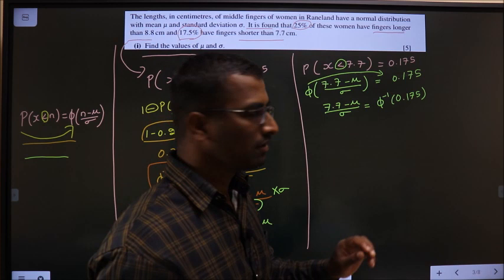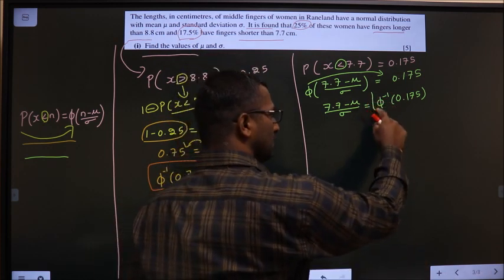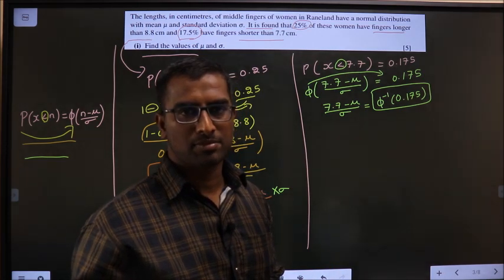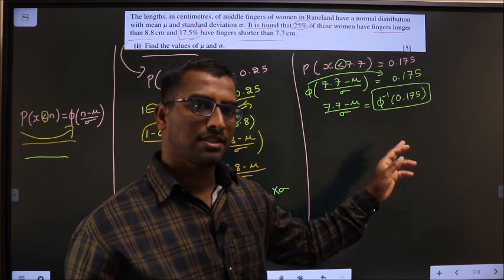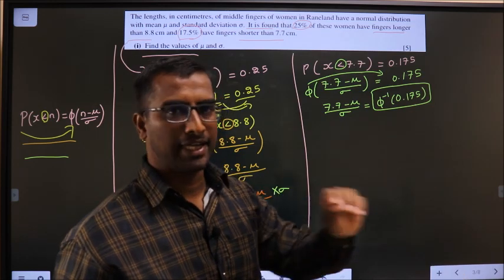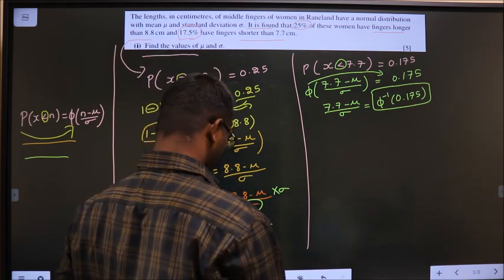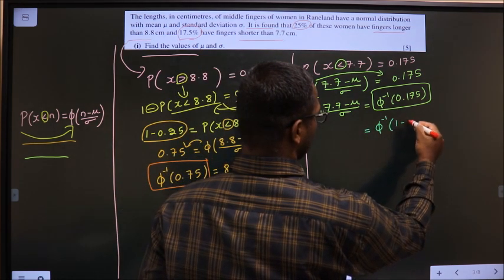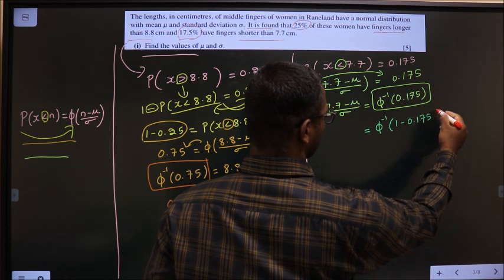Now to get this value, our normal distribution table starts from 0.5, but this is less than 0.5. For me to make it more than 0.5, I have to do 1 minus. 1 minus of 0.175.